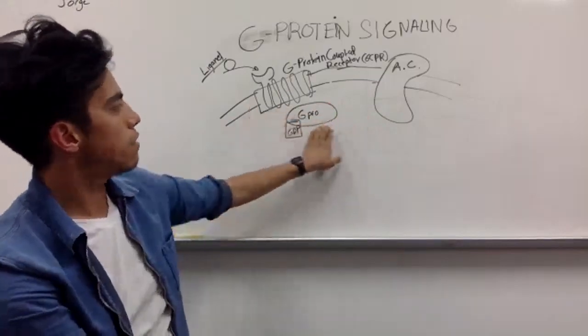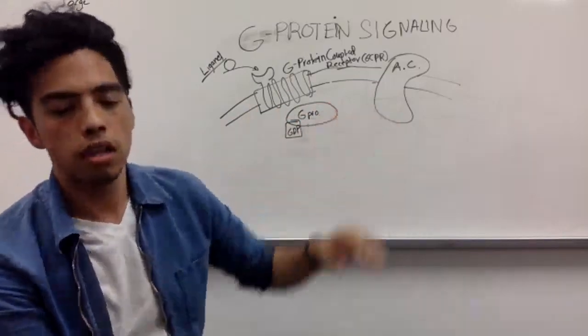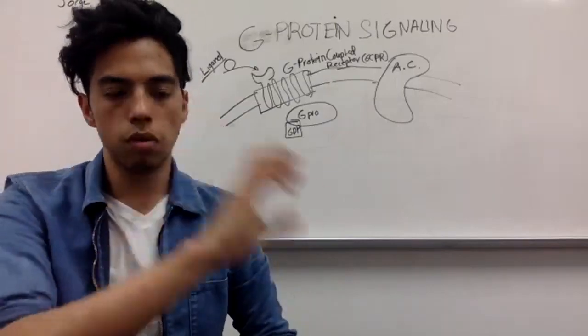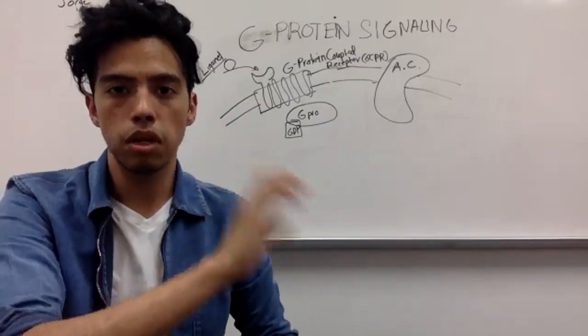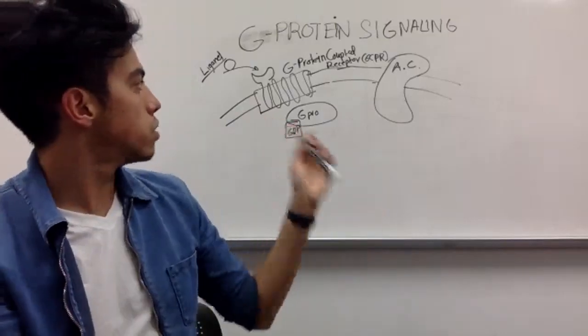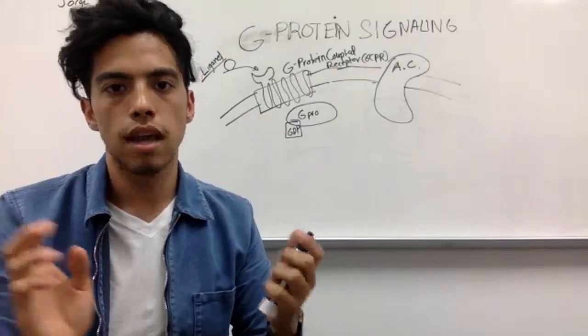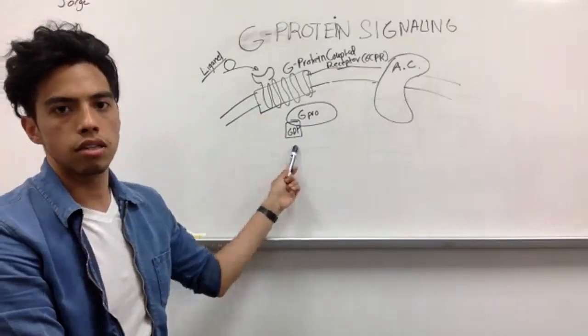But what happens is you have this G protein, right? In the very beginning, before the cell signal binds to the GPCR, you have the G protein unactivated, or inactivated. And what that means is that it has GDP.